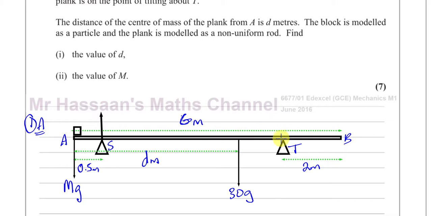You have a reaction force at S and a reaction force at T. When the support is in contact with the beam, there's a reaction between them. Here we are considering only the forces acting on the beam, not the forces acting on anything else, just the beam. Some people ask, why don't you put the reaction force on this block?